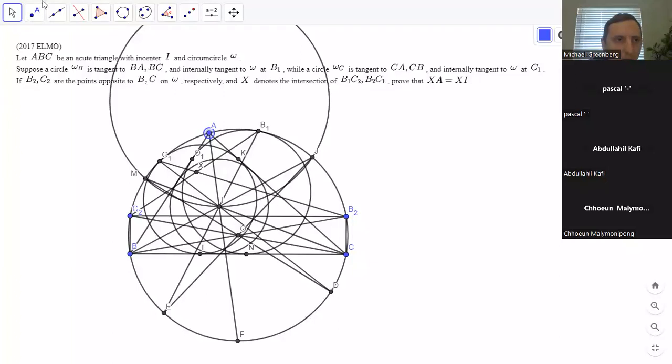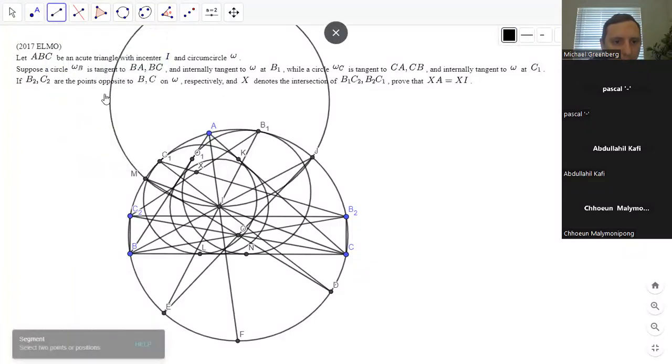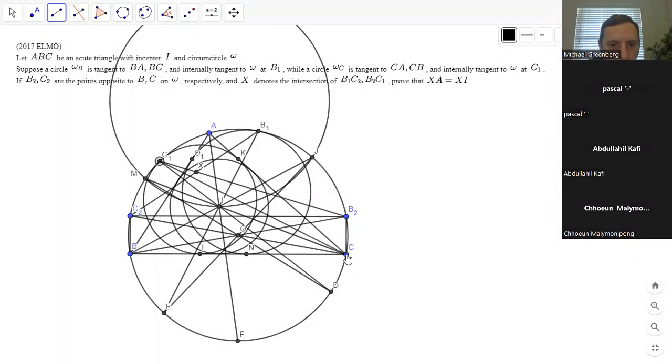Well, actually, maybe not, because these two intersect at O. These two intersect at X, but C1 and B1. Okay, so we know that Pascal says OI and G are collinear.